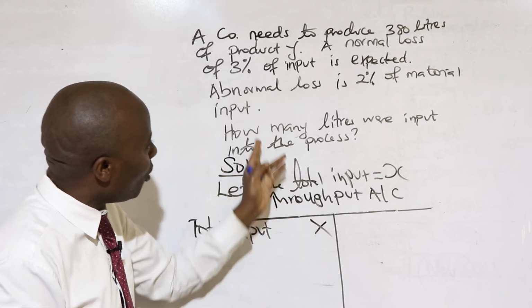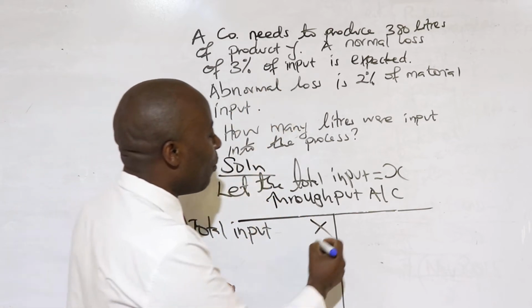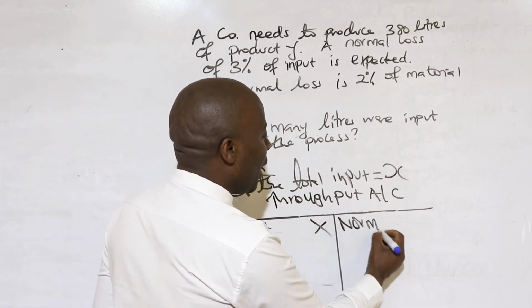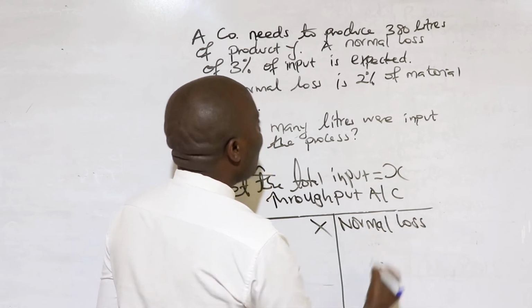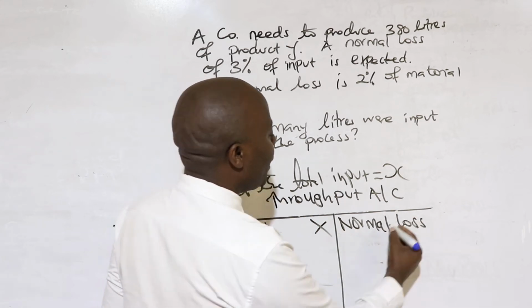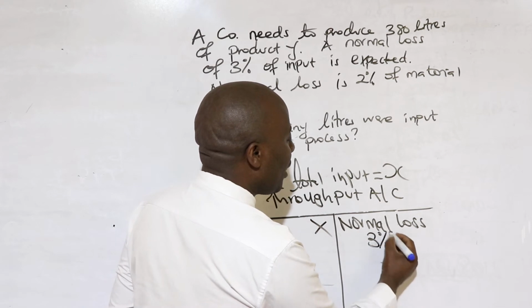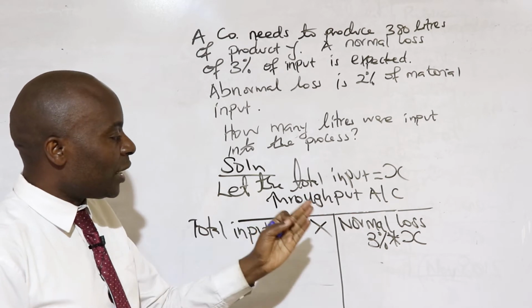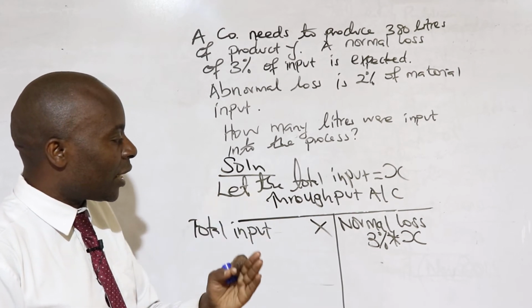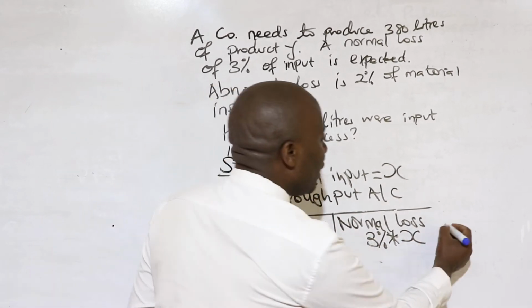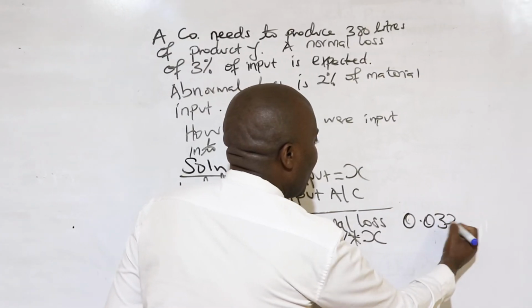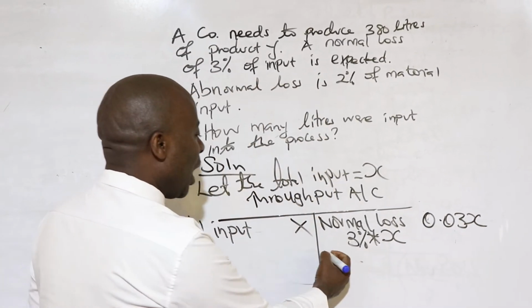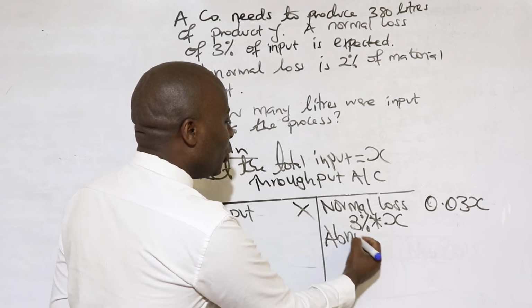So the first loss that I will account for is the normal loss. So normal loss, ladies and gentlemen, is 3% of the input, which is what here? X. Normal loss is 3% of the input, which is X. So 3% of X, this will give me 0.03X. From there we have an abnormal loss.